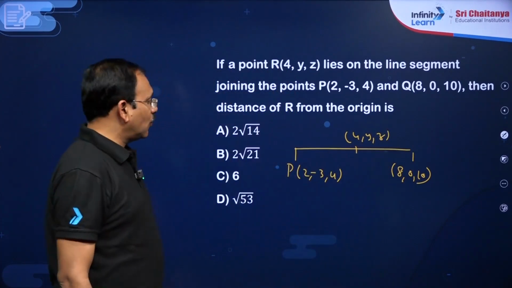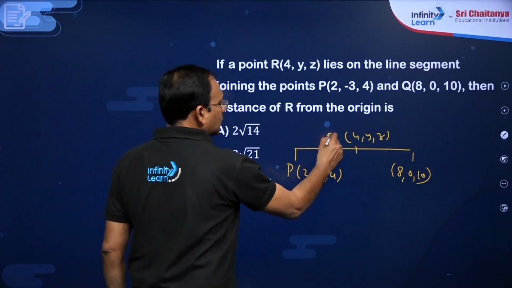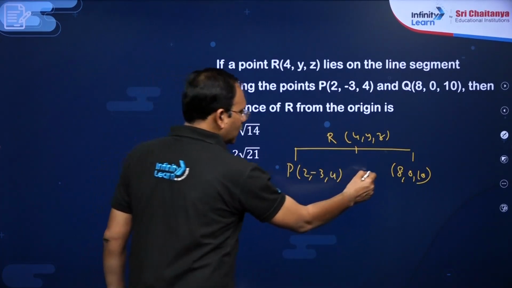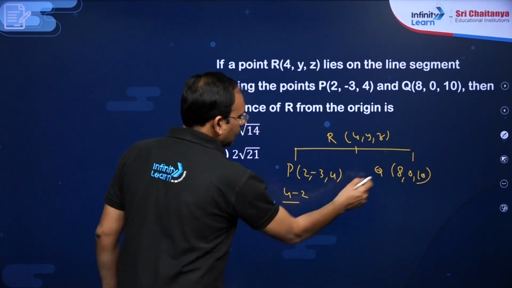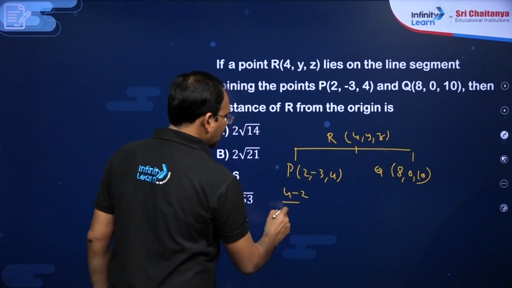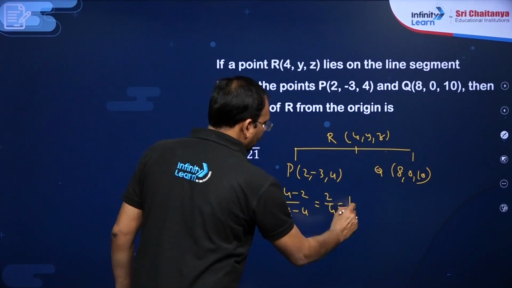If they are collinear, the ratio in which R divides PQ is given by (x minus x1) by (x2 minus x), which is 2 by 4, that is 1 by 2.